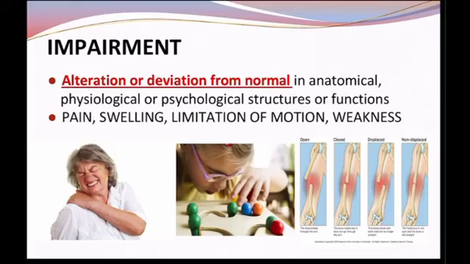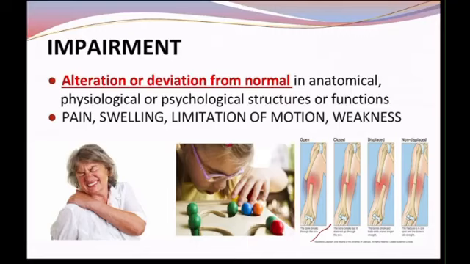So for this example in particular, if a person fractured his or her arm, normally our upper extremities are used to do chores around the house and in school. So if we fracture it, we experience pain in the affected arm.